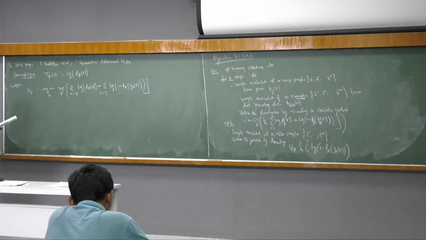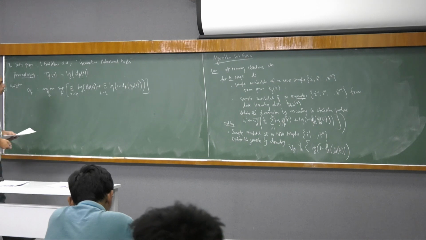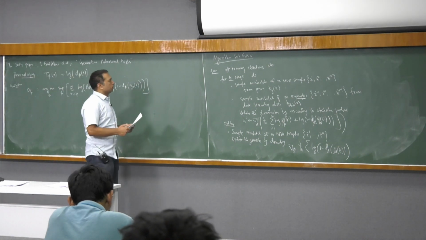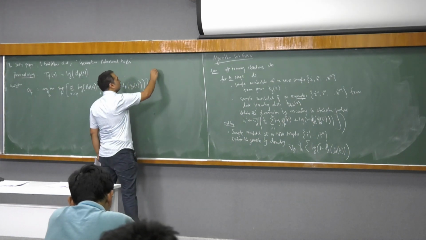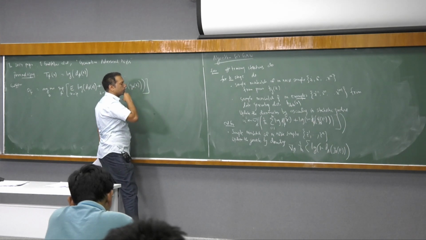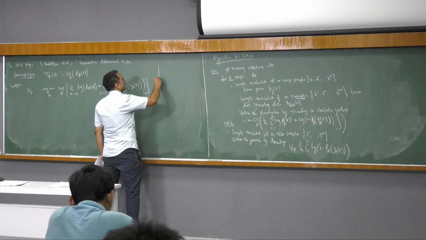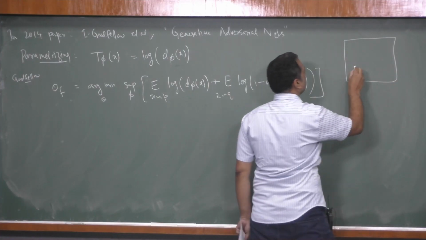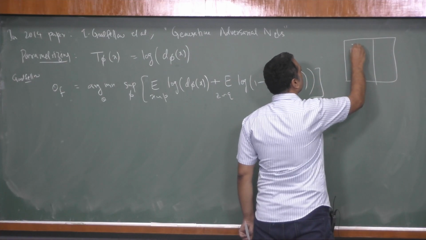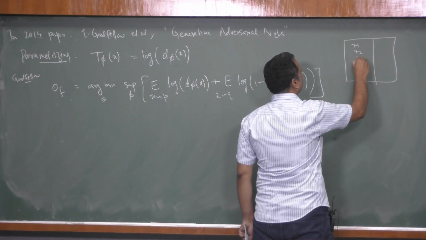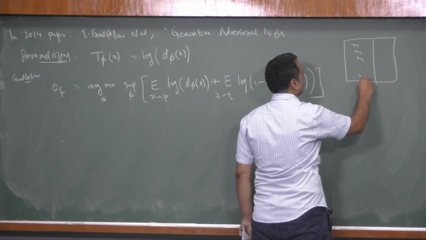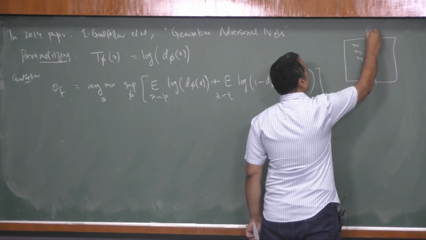Okay, so let us see this algorithm again, the original proposal. What is happening here is that you are training a generative model. Someone gave me a set of images, like my favorite, cats. So x1 to xm, and these are cat images.